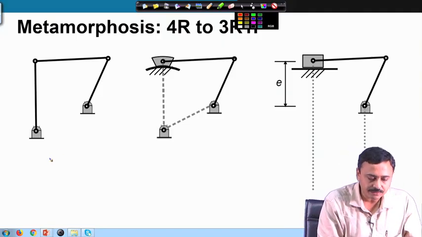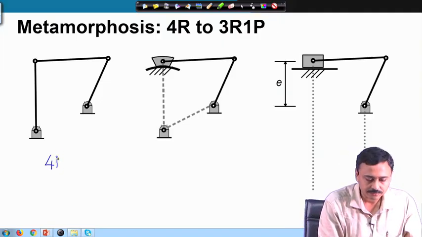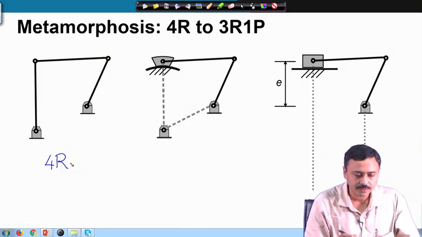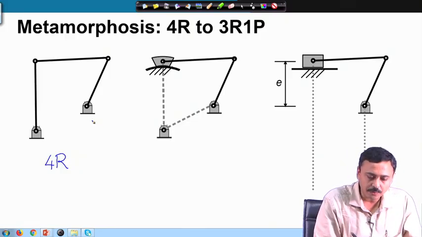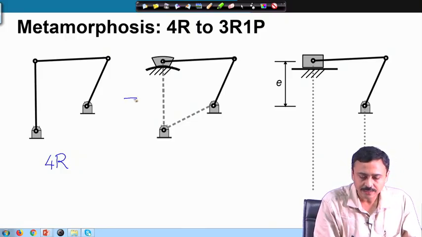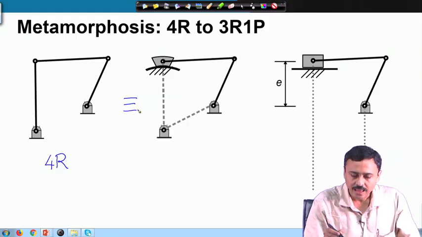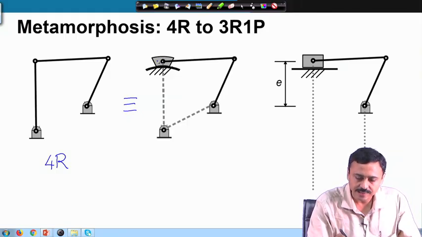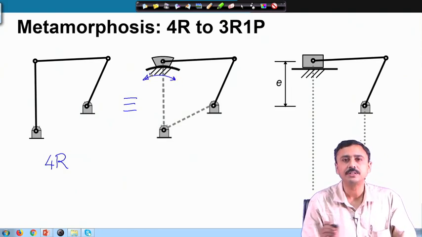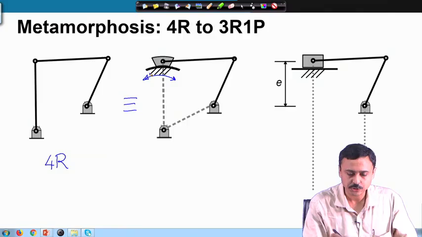Here I have a 4R chain. This 4R chain can be equivalently thought of as a chain with a slider, where the slider is moving on a curved path as shown here.